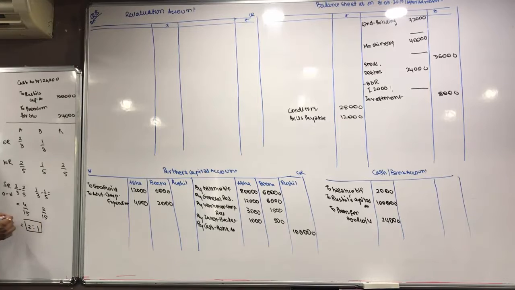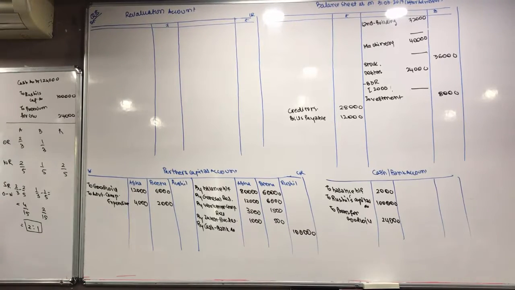Sacrifice ratio is also 2:1. Write the entry. Premium for goodwill account debit 24,000.